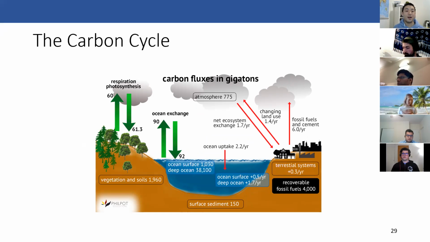The main problem is that once you add on anthropogenic sources of carbon emissions, those fluxes are no longer in balance, and so you get an excess of CO2.